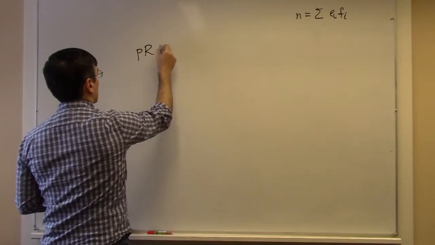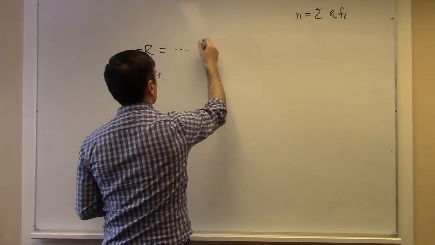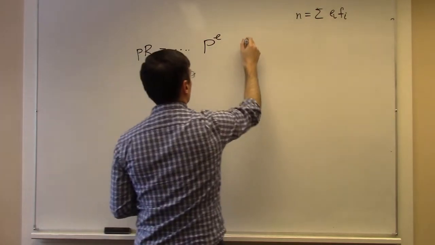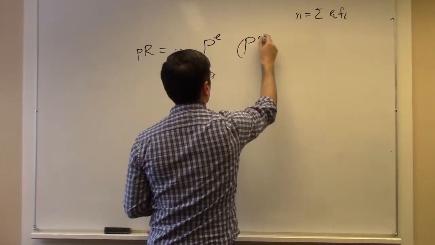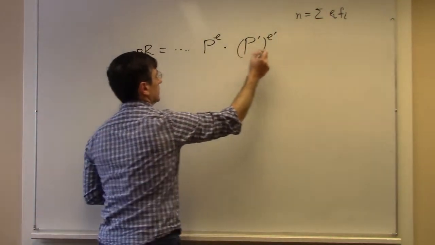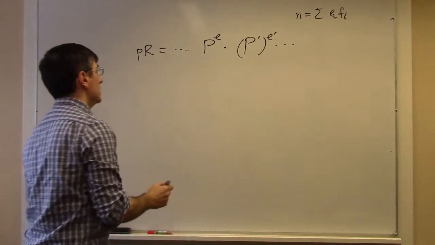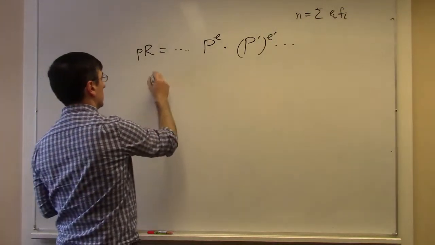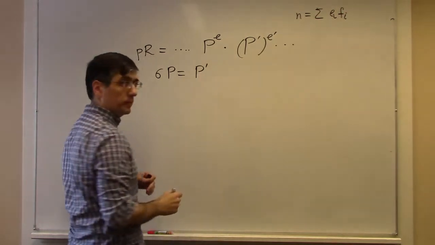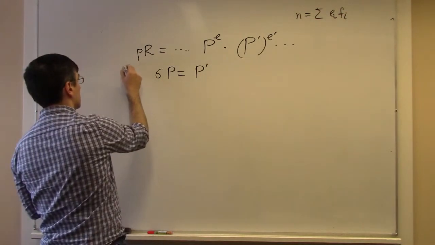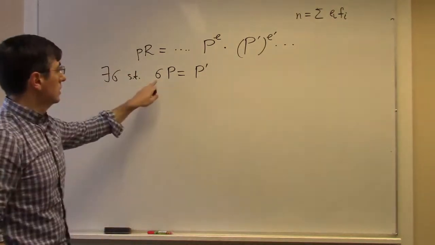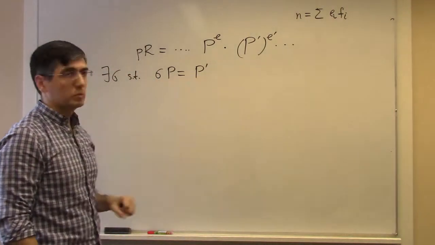So pR, there are some primes, and then you have this P^E, and then you have P prime^E prime, and then there are some other primes. So now you apply sigma. Suppose sigma P is P prime. Now there exists sigma such that it moves this prime into P prime.